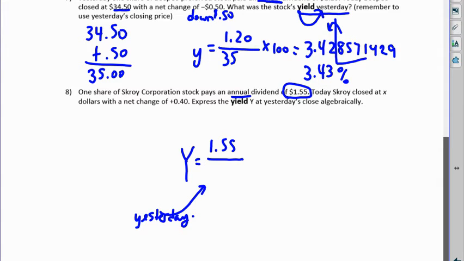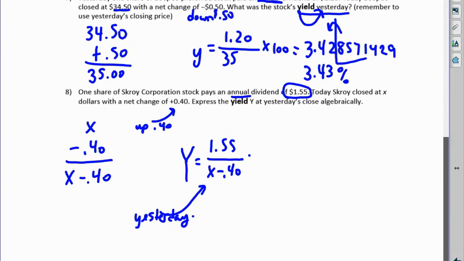But today is X, which is up 40 cents from yesterday. So you need to send it down. So there's my yesterday's price, X minus 0.40 times 100. Again, since I'm now working with variables, probably that X would be a little confusing to someone.